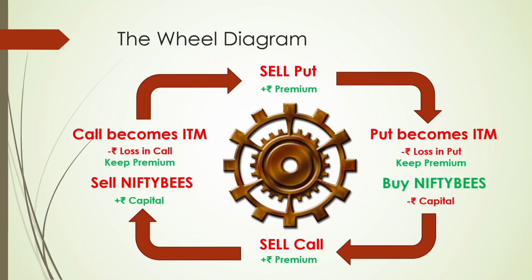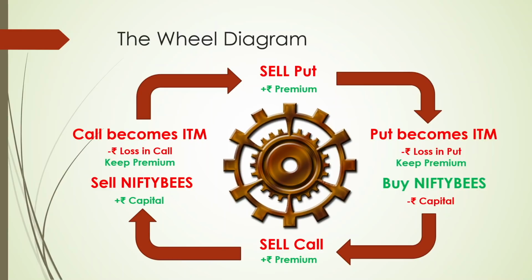So I have given you the advantages and the disadvantages. The disadvantage is that you have to keep track of which level of the index you acquired the Nifty Bees at, and never sell any call option below that level.